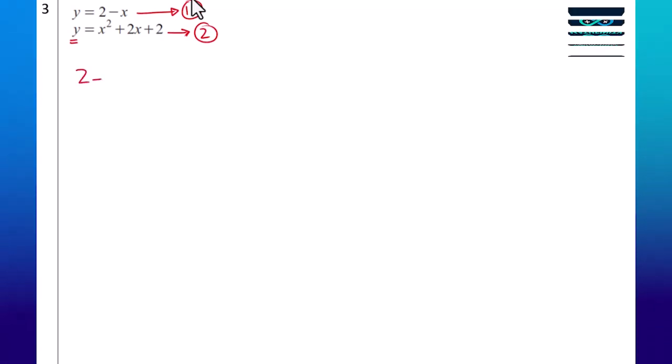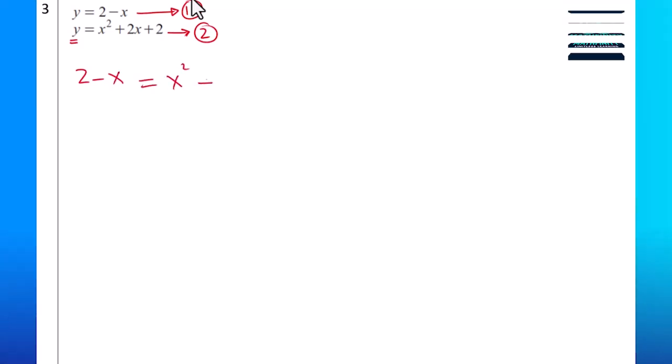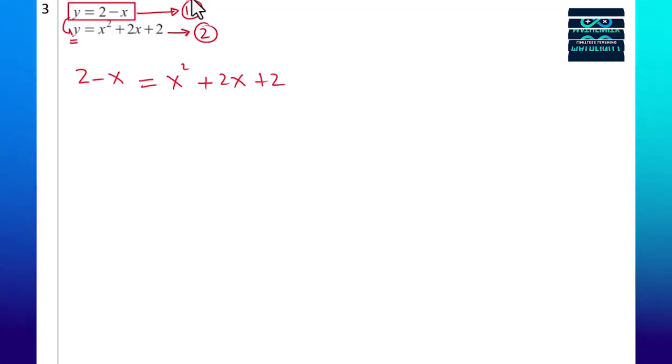So you can write 2 minus x is equal to x squared plus 2x plus 2. The value of the variable from the linear one we substituted here. Okay. Now we have to form the general form, like a quadratic equation.